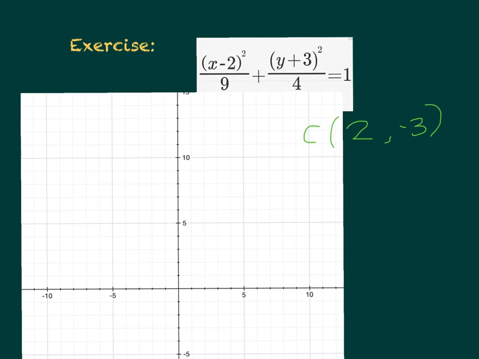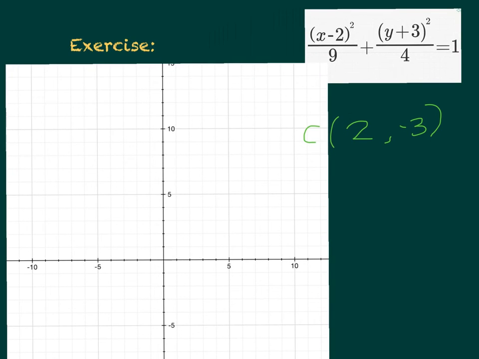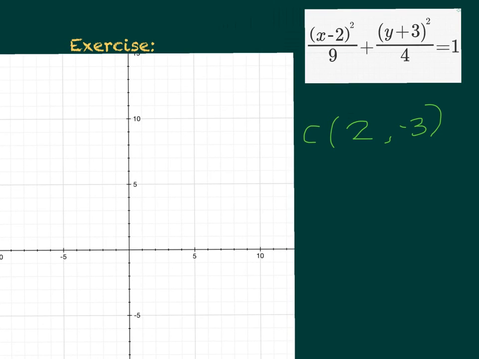Okay, I think this is going to be okay. So the center is going to be 2, comma negative 3. So at 2, comma negative 3, in this point we will have our center. Okay, that is the center.